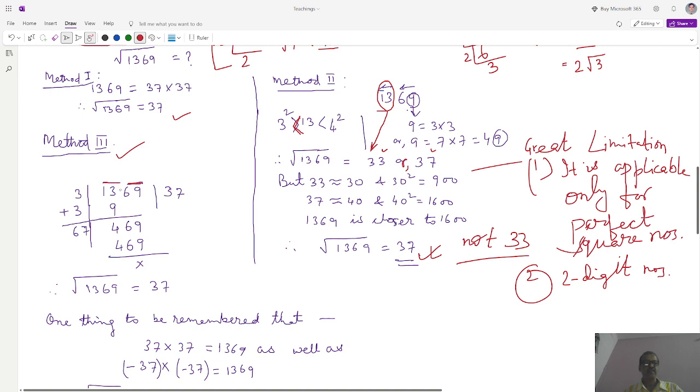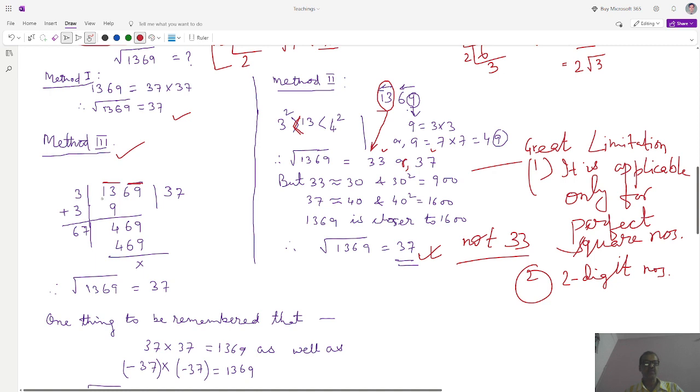Here we find that there are 2 pairs. First, we have to see which square value will fit under this number, that is 13. 3 square equals 9, whereas 4 square equals 16.